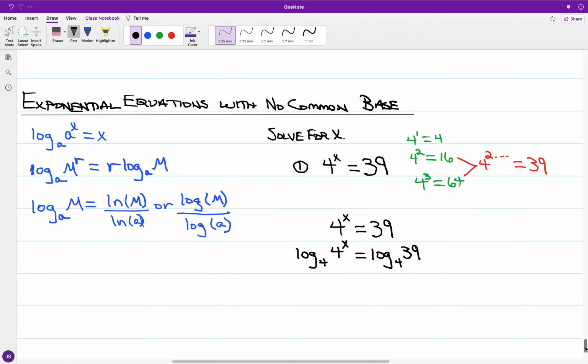So I've got a base 4 logarithm of 4 to the x, so these 4's will go out, and the left-hand side becomes x. So now we've got x is equal to the base 4 logarithm of 39.